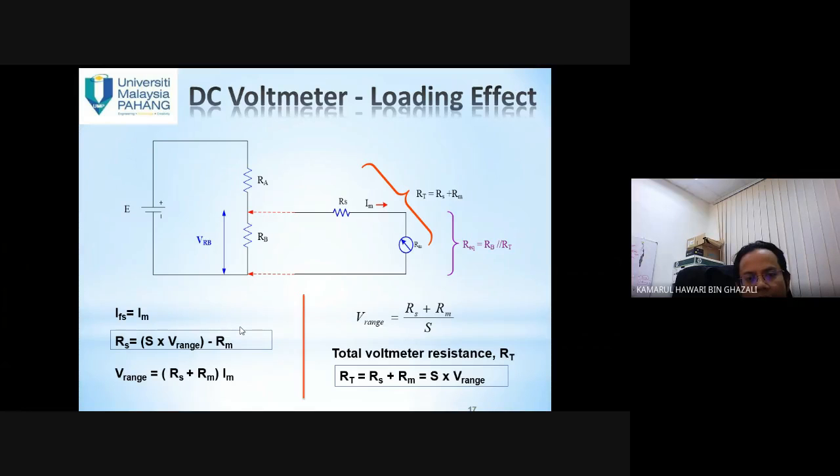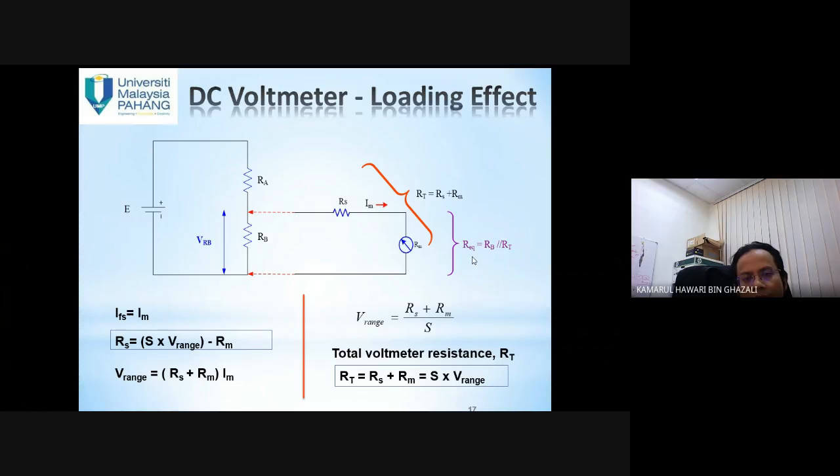If you look at this circuit, you can see the loading effect. This is the VRB, RS. This is the current through the meter. RT equals RS plus Rm, the total resistance, since this is in series.